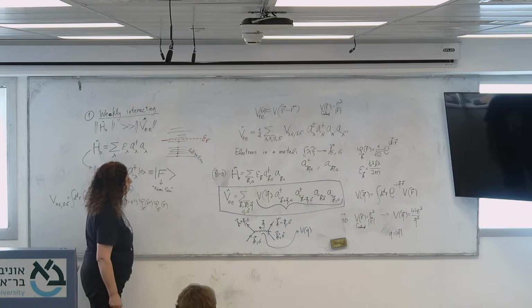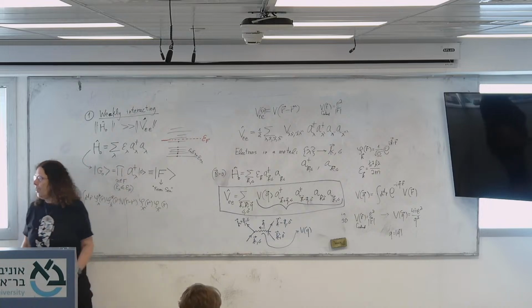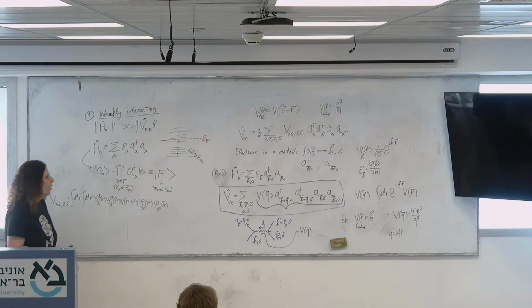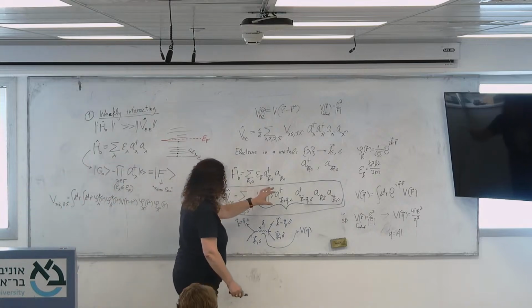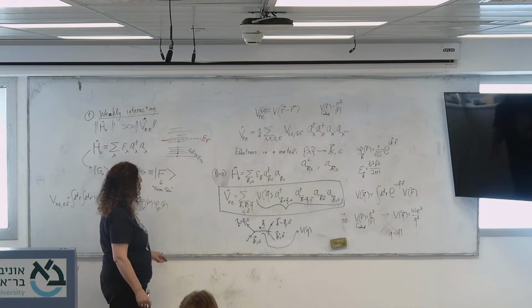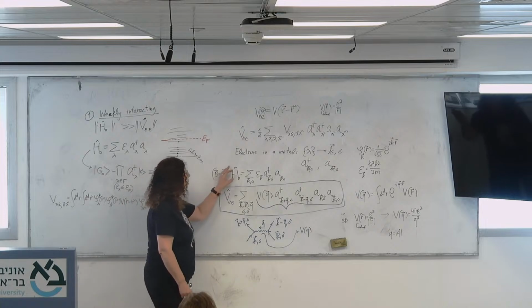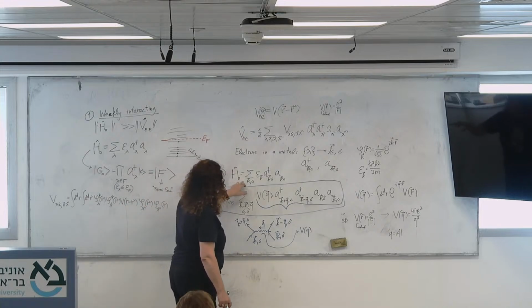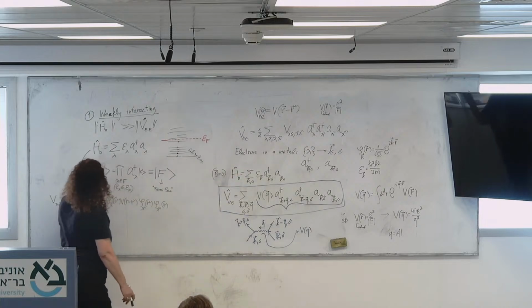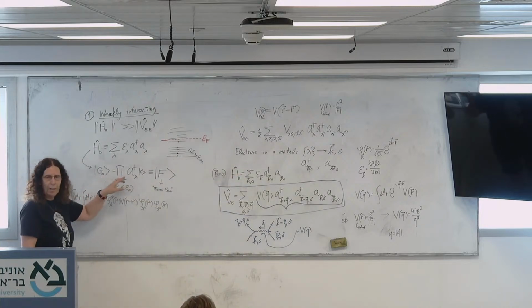Okay, very good. So we know how to write an interaction in this basis, and we know also how to write the single particle Hamiltonian, and therefore we know how the single particle states look like.